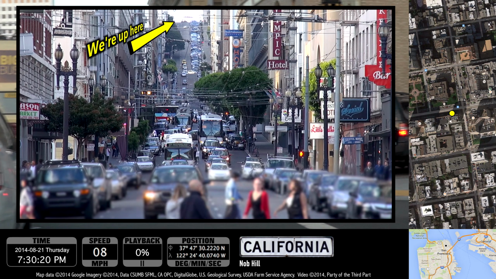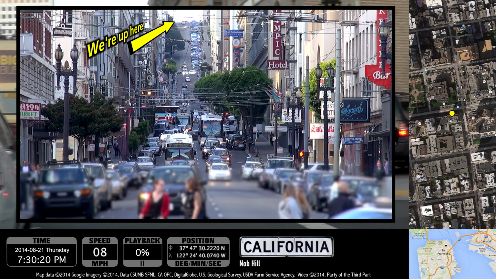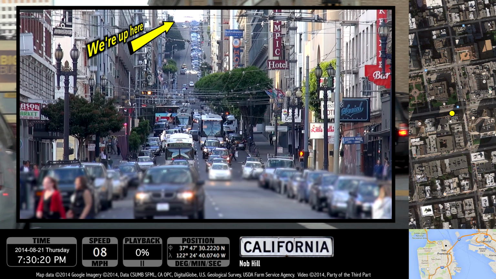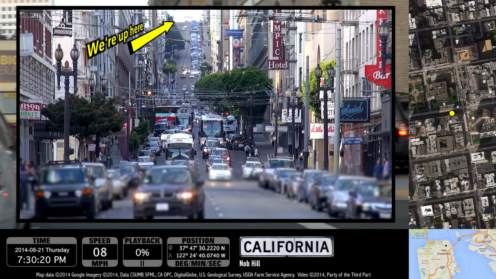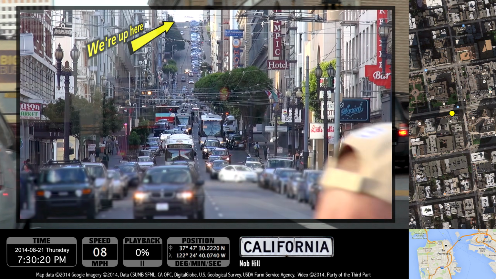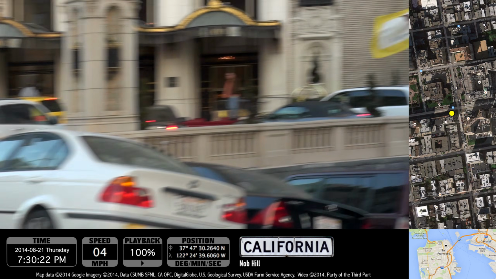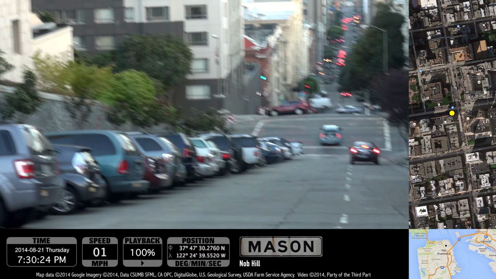It can be kind of interesting on these steep hills, depending on what type of car you have and how long the front is. Sometimes you can't really see what's ahead of you, and you just kind of have to take it on faith, go slow, hope there's nothing in front of you.